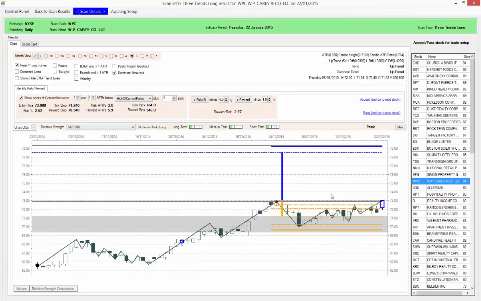So I'm going to allow drawing a horizontal line at peak trough option. Click the apply button. I'm going to remove these horizontal lines that have been drawn for you by just right clicking on the chart.